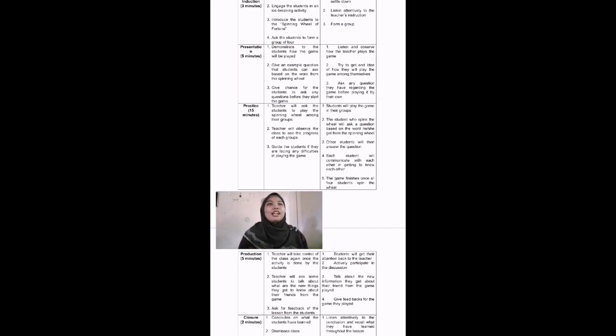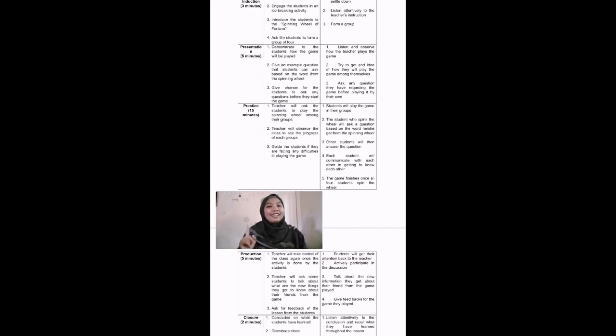So the students will then give feedback to the teacher, so that two-way communication happens between the student and the teacher. And when this happens, this is what we call an effective teaching and learning process. The teacher has gained something from the students, and the students have learned something from the class.